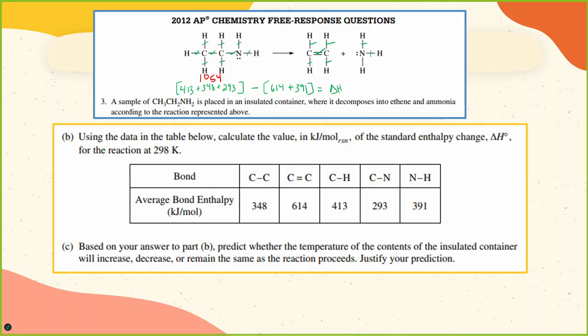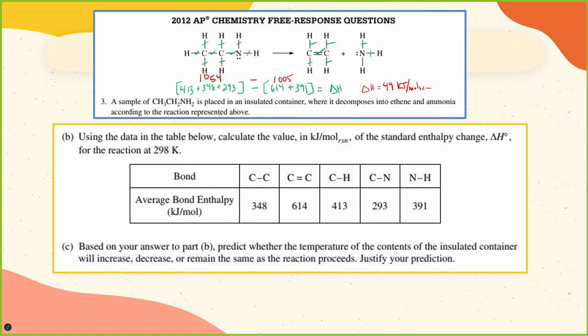And this one I'm getting 5, so we subtract. So delta H equals positive 49 kilojoules per mole reaction. And that one ends up being endothermic.